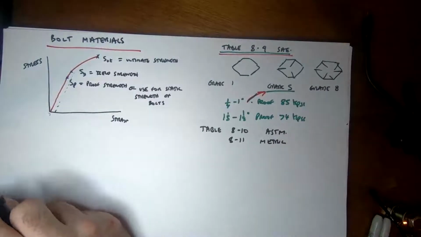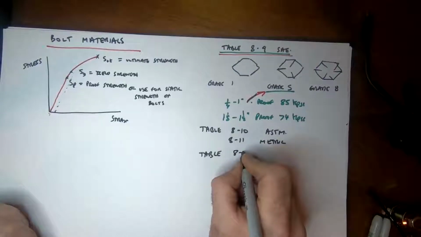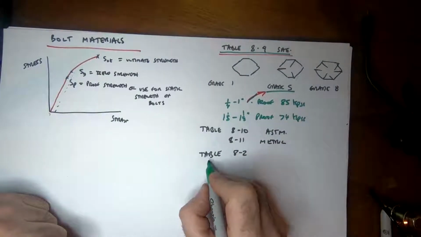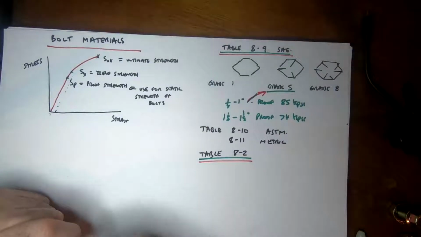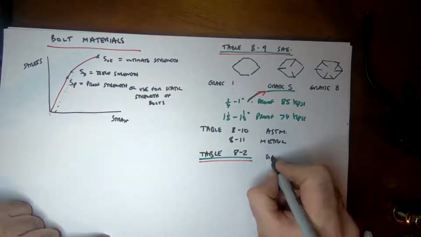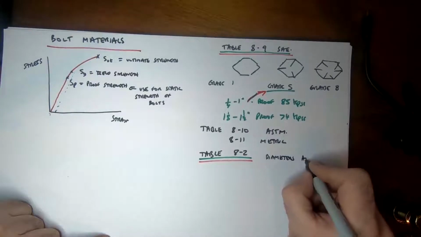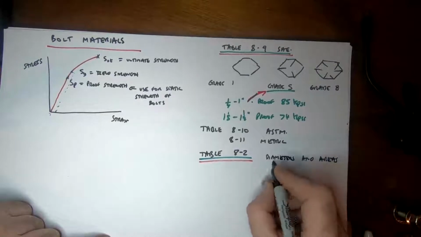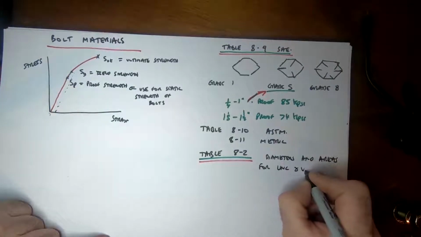Another useful table you'll find in Shigley is table 8.2. Table 8.2 is another important one that you want to look at, and that gives you diameters and areas for UNC and UNF bolts.